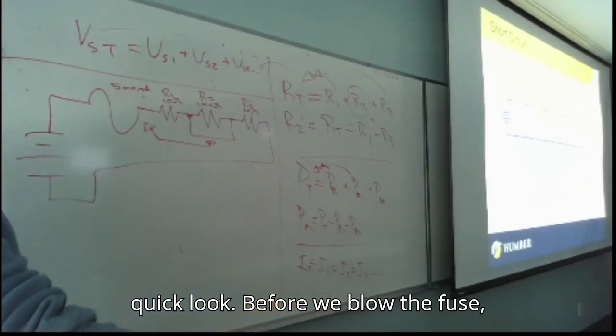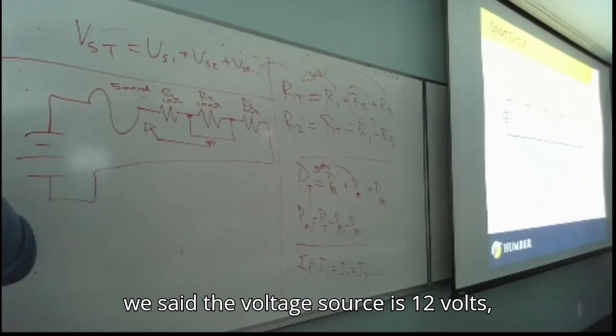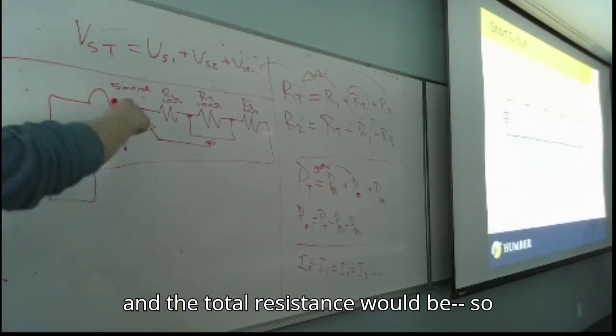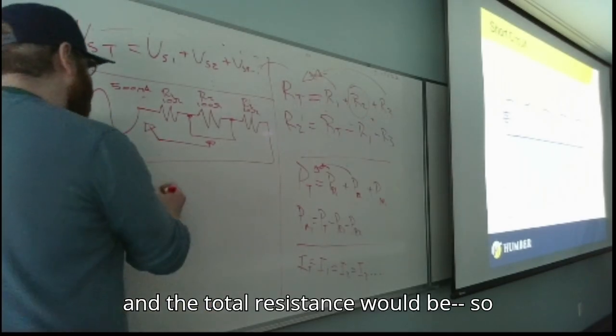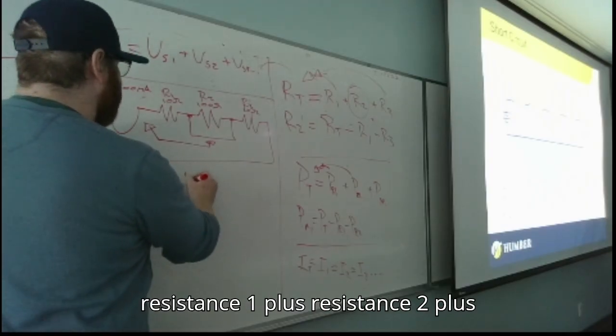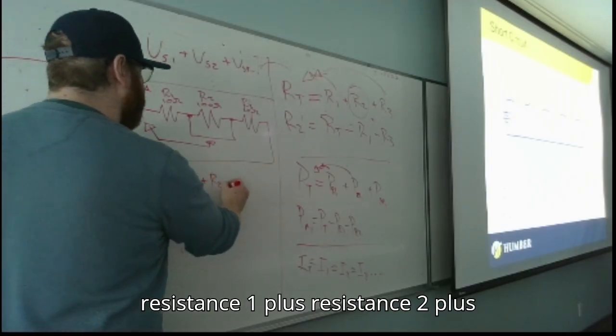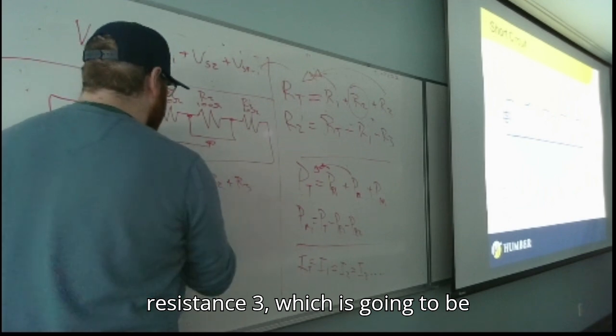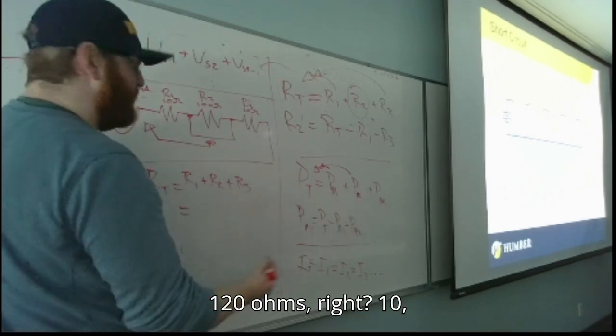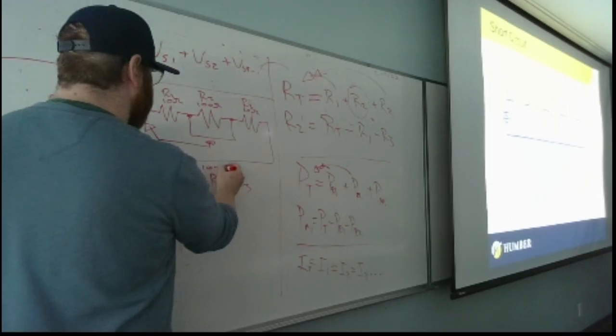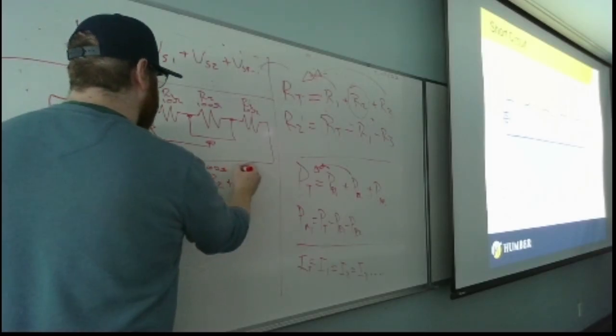Before we blow the fuse, we said the voltage source is 12 volts, and the total resistance would be resistance 1 plus resistance 2 plus resistance 3, which is going to be 120 ohms, right? 10, 100, 10.